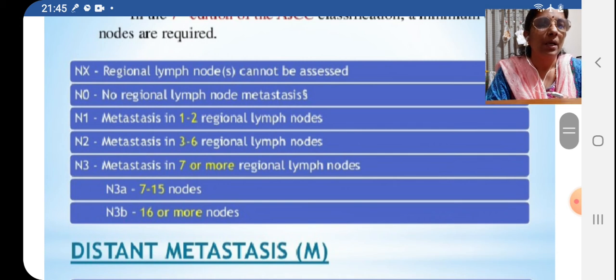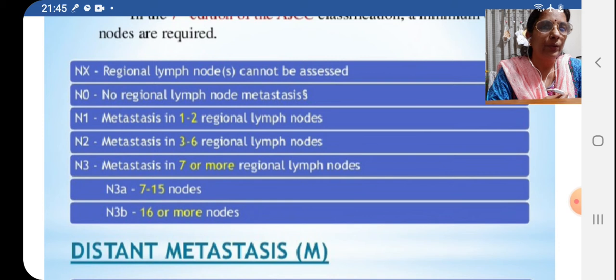N1 is 1 to 2 regional lymph nodes are involved. Not all the perigastric nodes are involved. Only 1 or 2 cardiac or right gastric or right gastroepiploic. Then N2 is metastasis in 3 to 6 regional lymph nodes. That means enlarged 3 to 6 lymph nodes. That means all perigastric, there are 6 nodes there.